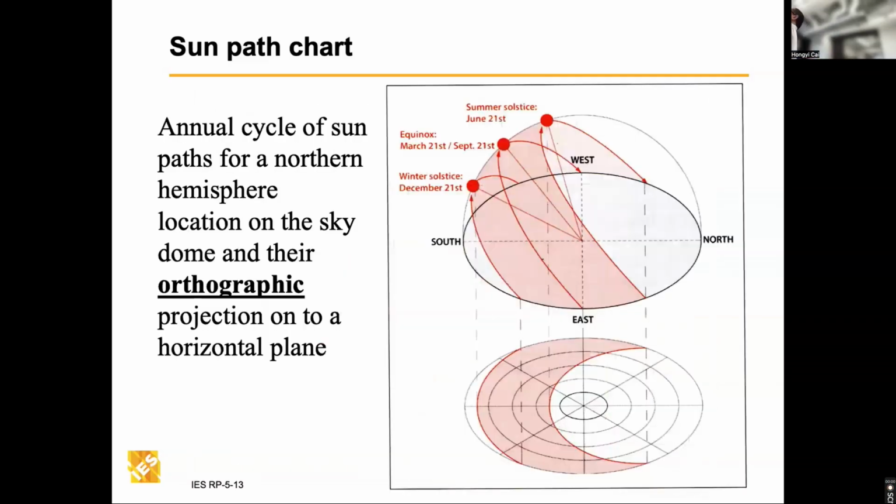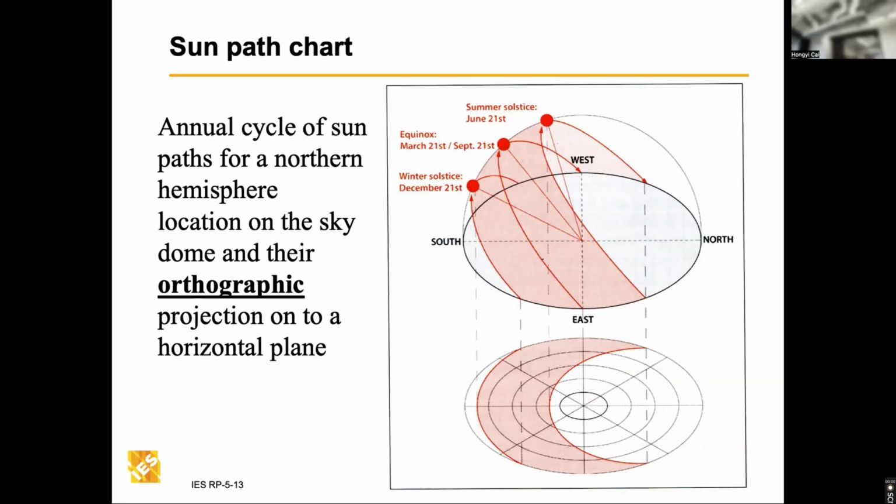So here's the sun path chart definition. You see the sun moves, right? This is the Earth, the Earth's surface, the ground, and where you're standing right here. So the sun rises from the east, sets in the west, and in wintertime the sun is lower, so you will follow this sun path.